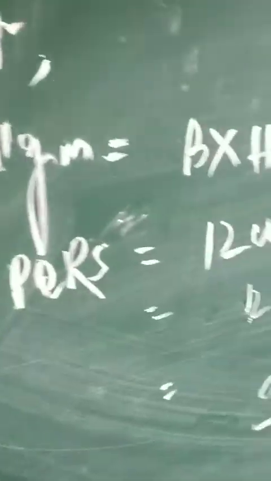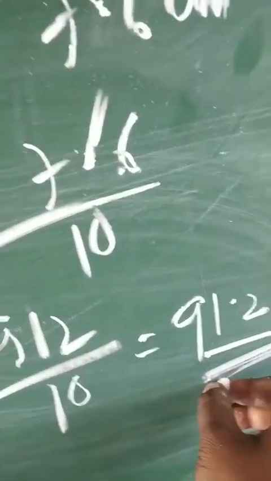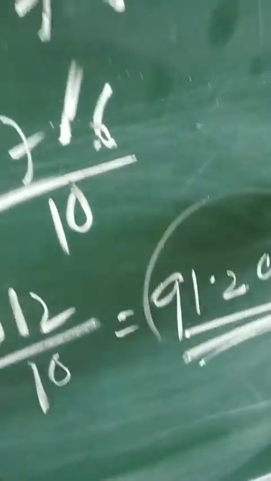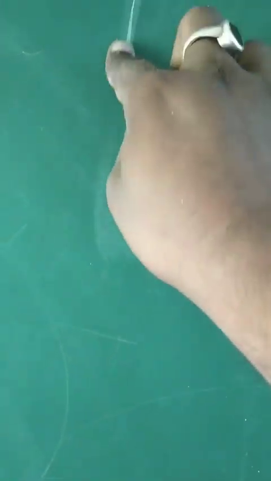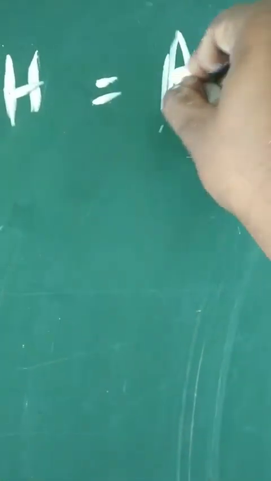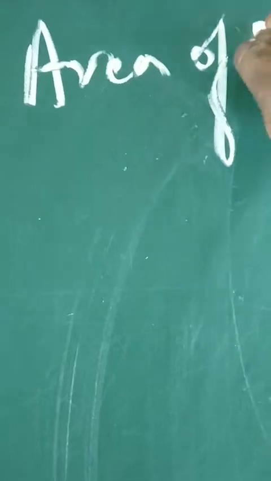As we have already got the area of the parallelogram, that is 91.2 centimeters square, I use a trick: base into height equal to area of parallelogram.